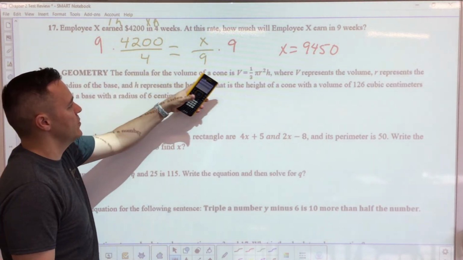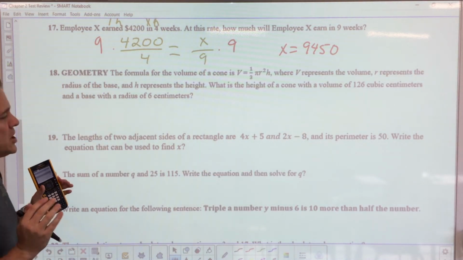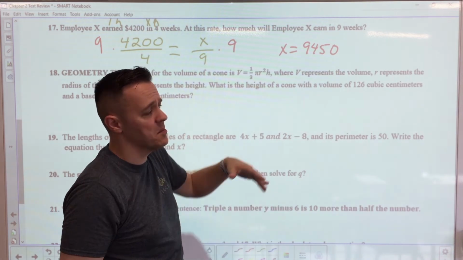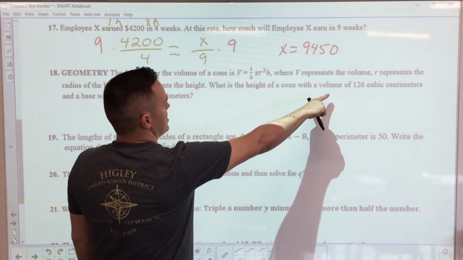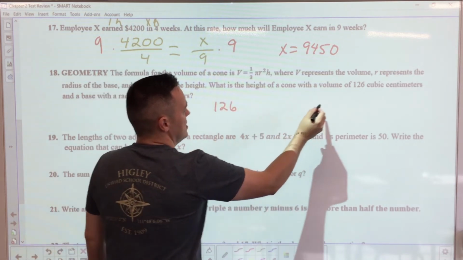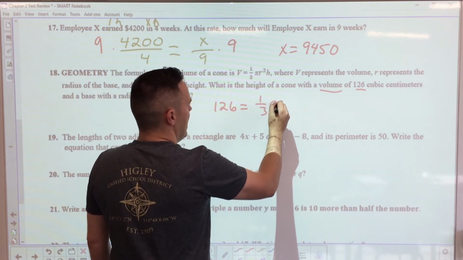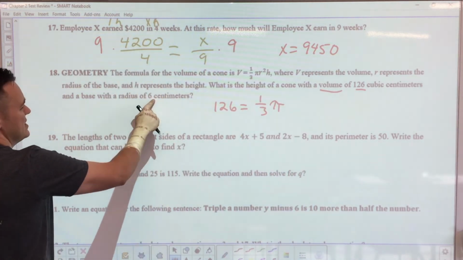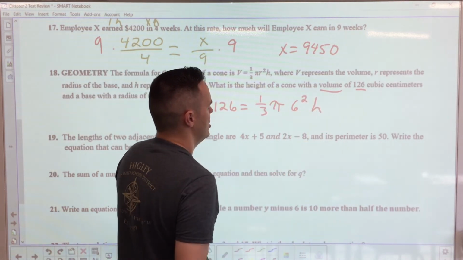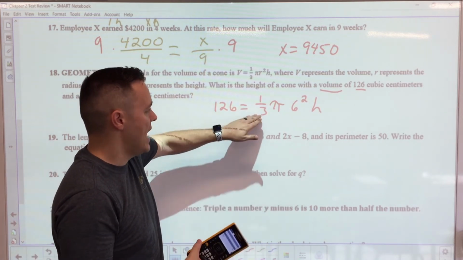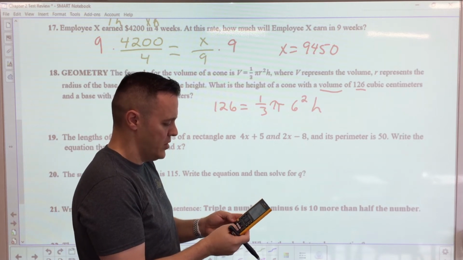18, the formula for the volume of a cone. On this one, I want to make sure you guys understand you're going to plug in. Everybody's going to see this volume, but the numbers are going to be different. You just want to plug the numbers into the equation. So the volume of this cone is 126. That's what V represents. Equals 1/3 pi, and then it says here the radius is 6. So it's going to be 6 squared, and we're looking for H. You can enter it in straight like you see it, so you can put a fraction in.